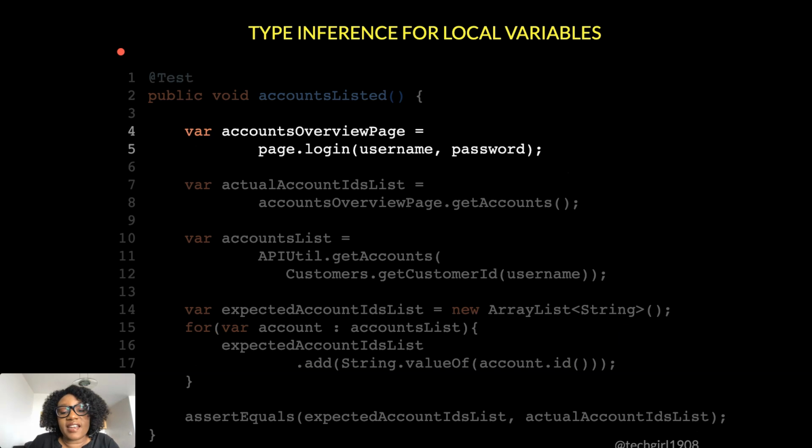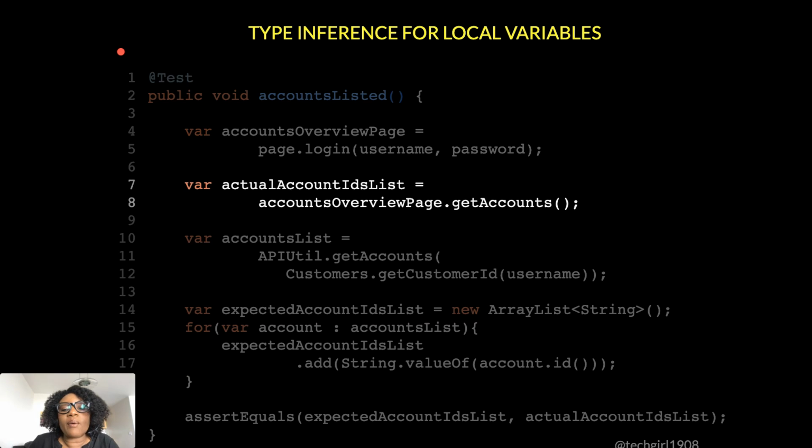Okay, so I've updated our test method to use vars. So I'm using var here, and the inferred type is very clear to me as the reader because of the variable name that I chose. However, here I had to change the variable name from actual accounts to actual account IDs list.